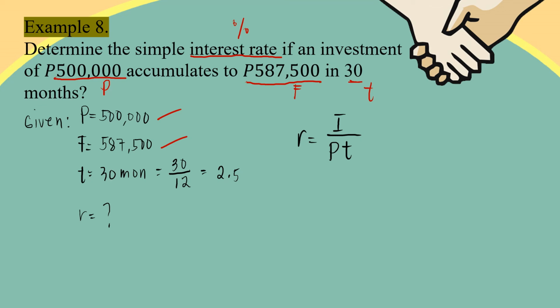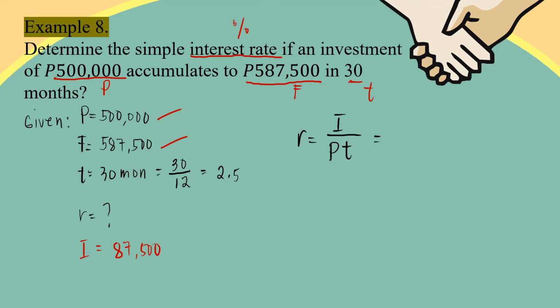From 500,000 pesos, naging 587,500. Ibig sabihin, yung sumobra, yan yung interest, yung itinubo. So, kung ipagmaminus mo yan, ang magiging interest ay 87,500. So, pwede natin yan gamitin to compute the rate.